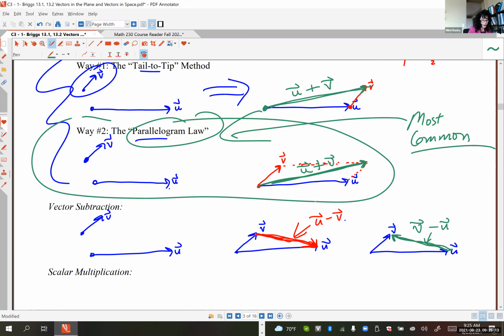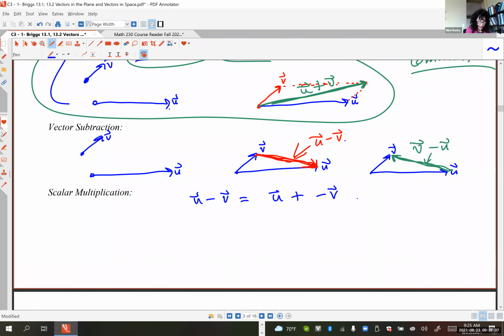Well, since you guys know that subtraction can be written as adding a negative, I hope you would agree that u minus v is the same as u plus negative v.